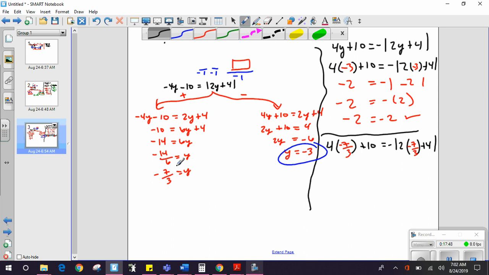Alright, so we're going to have a sidebar to practice some fraction skills. If I want to take 4 times negative 7 over 3, I would first make 4 a fraction by putting it over 1. I then would need to multiply the tops together as well as the bottoms to get negative 28 over 3.